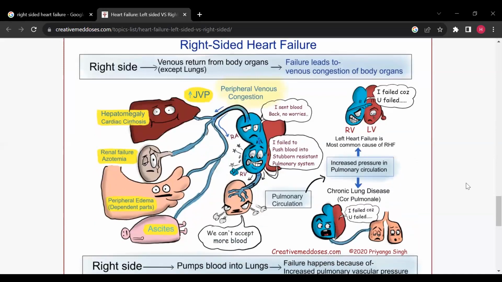Okay. So right-sided heart failure is caused by left-sided heart failure. Since your left side is not pumping blood to the rest of the body, there is less blood to the... okay, let me not say it like that.